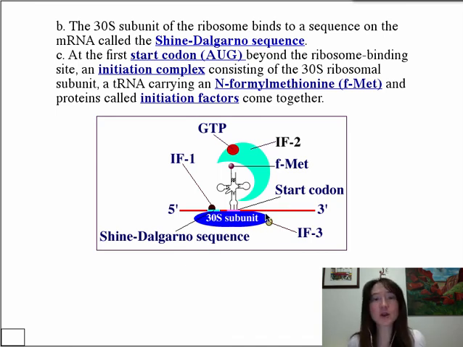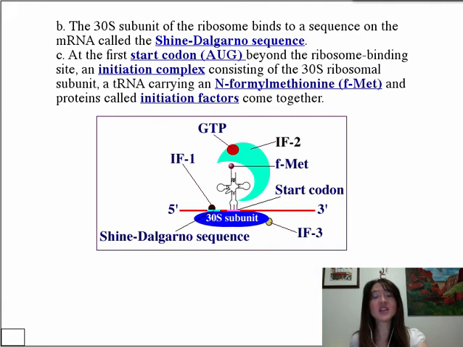So this is actually really important. Notice that only the 30S ribosomal subunit is involved at this point, and it's not until initiation is completely finished that we see the 50S ribosomal subunit getting in and associating with the 30S to make the fully functional ribosome.